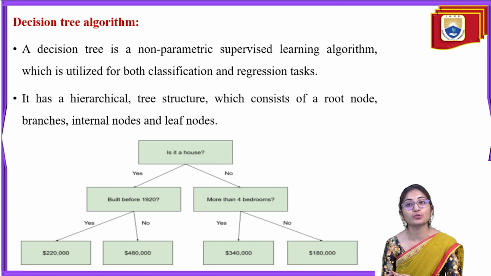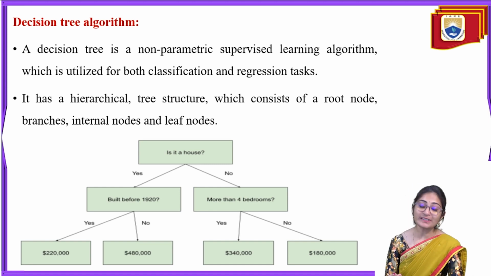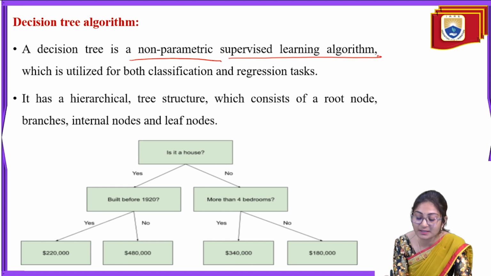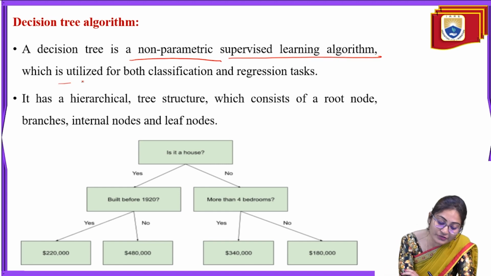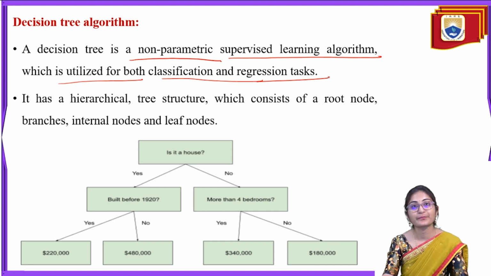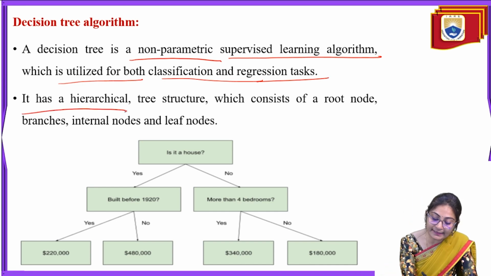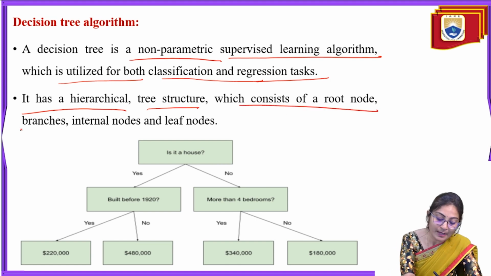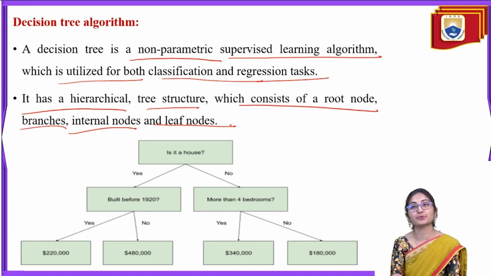Now, the decision tree algorithm. A decision tree is a non-parametric supervised learning algorithm which is utilized for both classification and regression tasks. It has a hierarchical tree structure which consists of a root node, branches, internal nodes and leaf nodes.